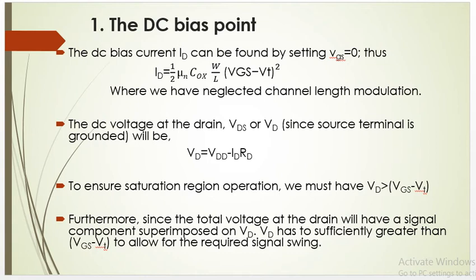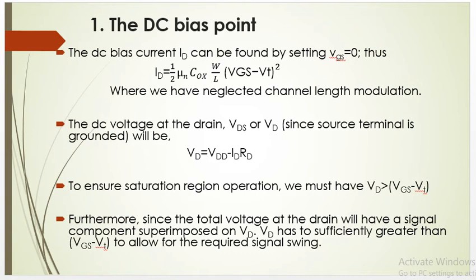To ensure saturation region operation, we must have VDS or VD greater than VGS minus VT. Furthermore, since the total voltage at the drain will have a signal component superimposed on VD, VD has to be sufficiently greater than VGS minus VT to allow for the required signal swing.